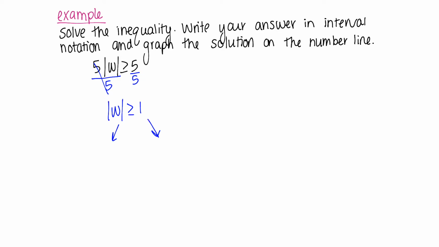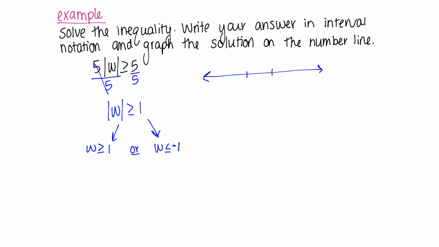So the greater than sign is splitting. You'll have w is greater than or equal to 1, which is exactly what this would be without the up and down lines. Or, and it's really important you put or, this topic is going to give you options for and or. You don't have to worry about the and, but the or part is important for the greater than sign. Or w, now flip the direction, less than or equal to the negative version of it, -1.